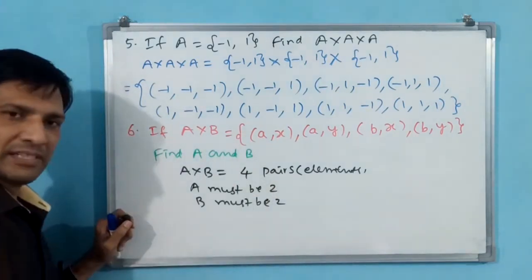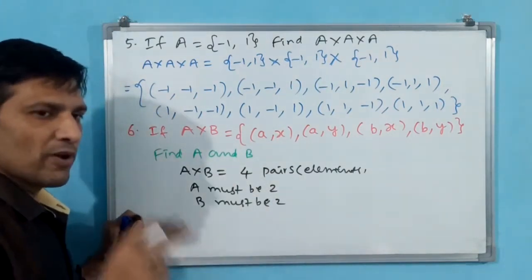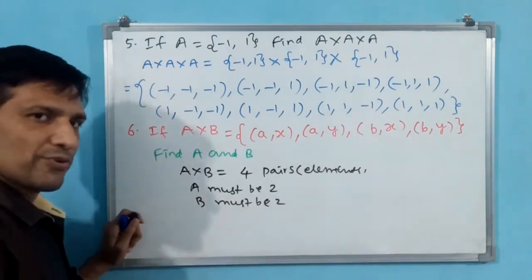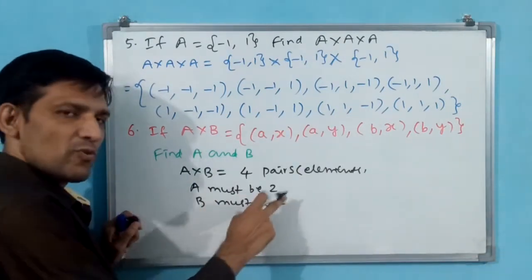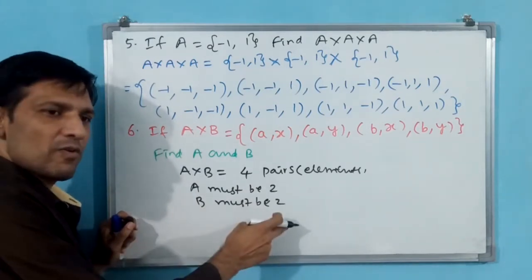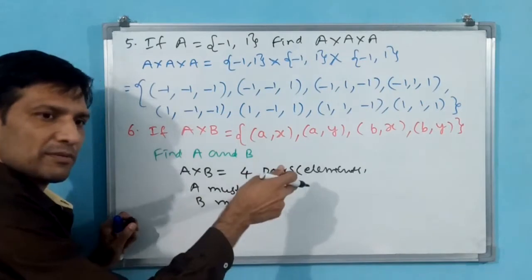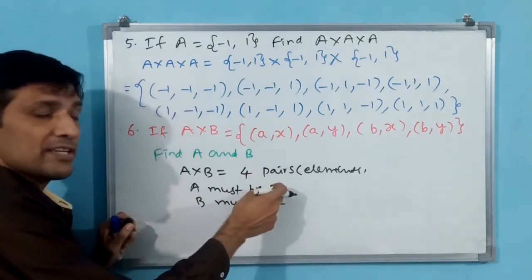Then only it is possible, no? See, for getting 4, either 1 into 4 or 2 into 2. A must be 2 or 1, B must be 2 or 1.